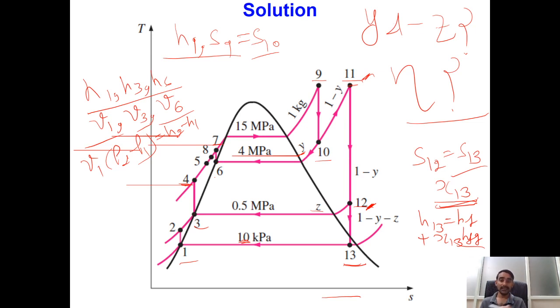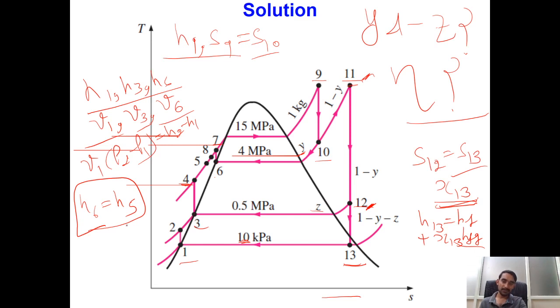After that, one assumption which we took yesterday in our formulation of closed feed water heaters. What was the assumption? Whatever the enthalpy of point number 6 is, same will be the enthalpy of point number 5. This comes from the closed feed water heater assumption we took yesterday.